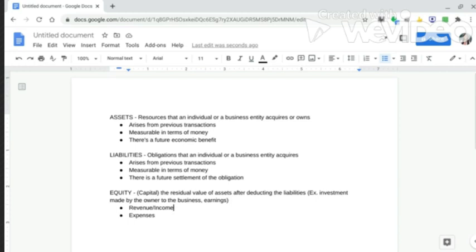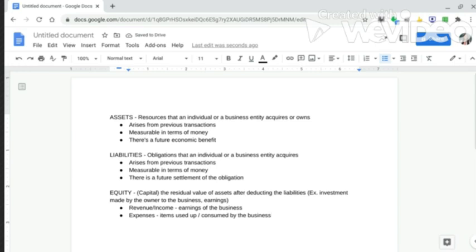So, since we're talking about investments already, there are two accounts that affects a business equity. So, the first is the revenue or the income. So, these are the earnings of the business, and expenses in layman's terms. These are items used up or consumed by the business.